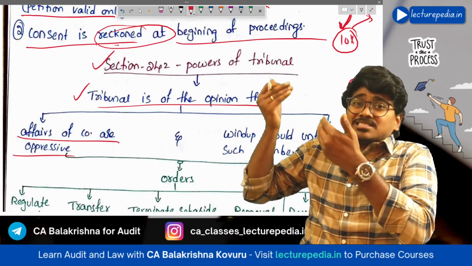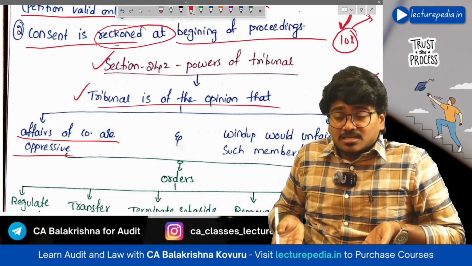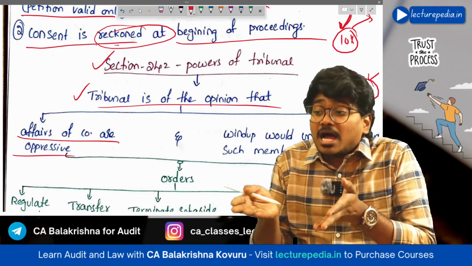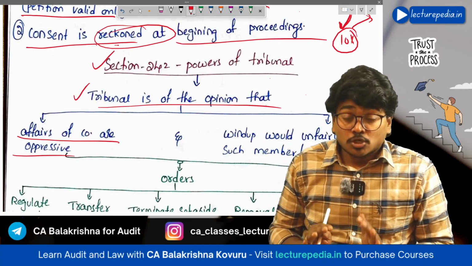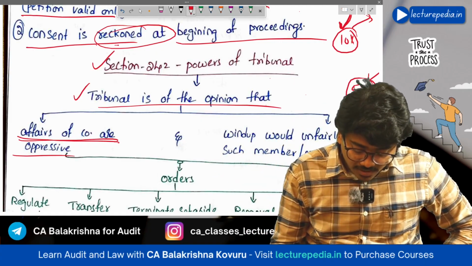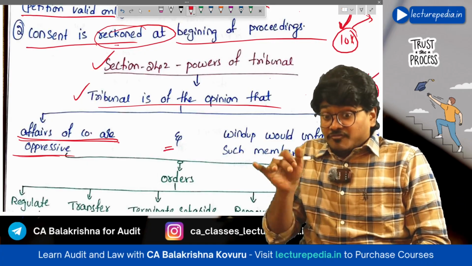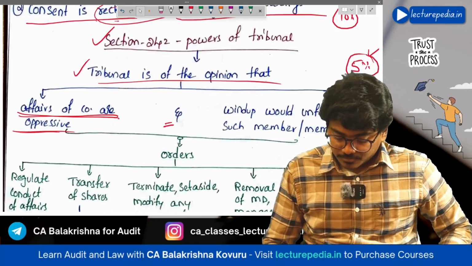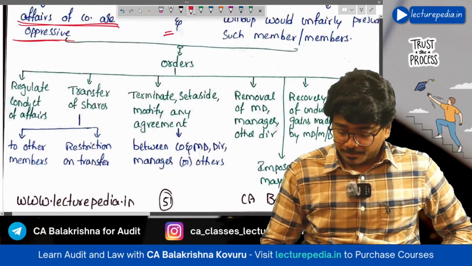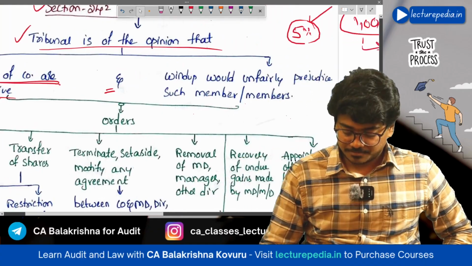Now to accept the application, the tribunal also should feel that yes, in your company oppression is going on, right? So in the opinion of the tribunal, the affairs of the company are oppressive, and the tribunal feels that winding up of the company would unfairly prejudice such members.